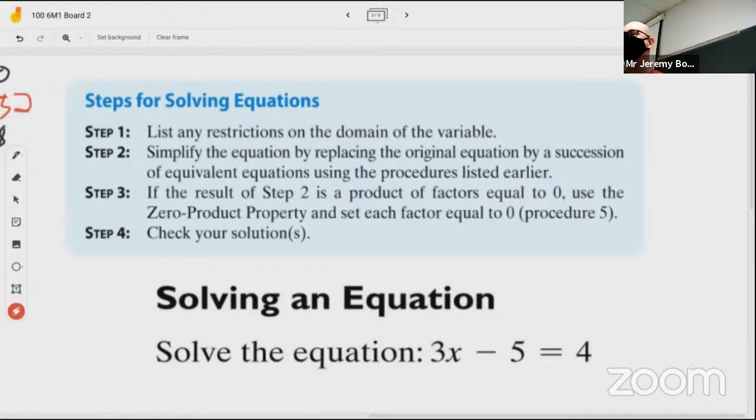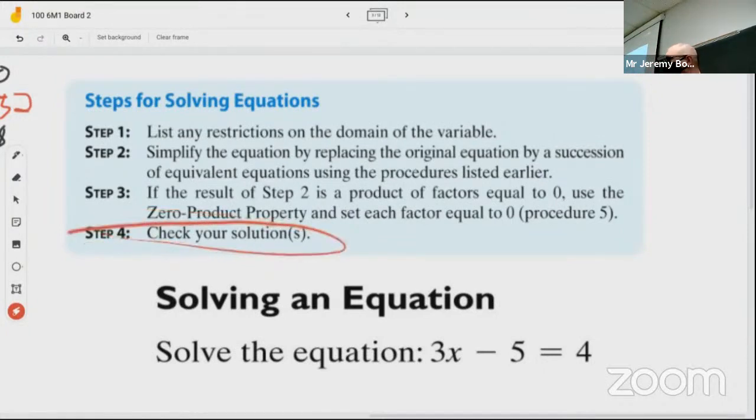We want to get the variable by itself, a singular x, a singular t, a singular n, or whatever we're looking for. Step 3, if the result of step 2 is a product of factors equal to 0, use the zero product property. So if you end up with something times something equal to 0, use the zero product property.